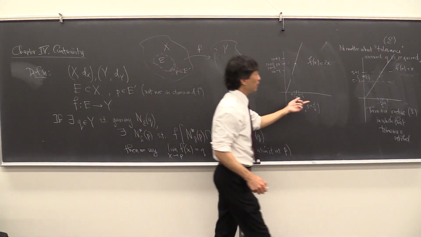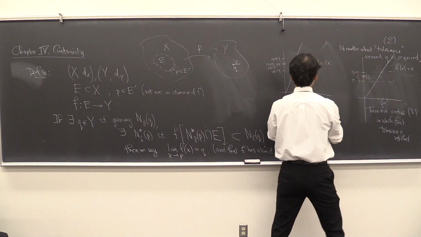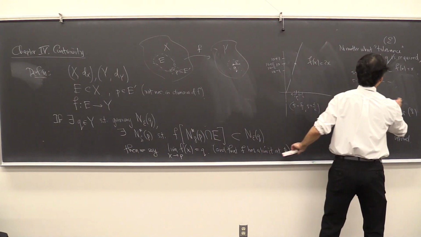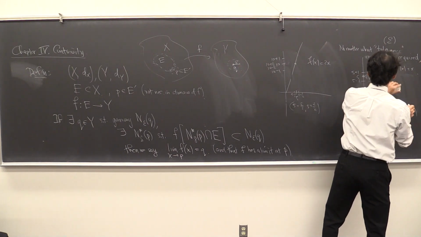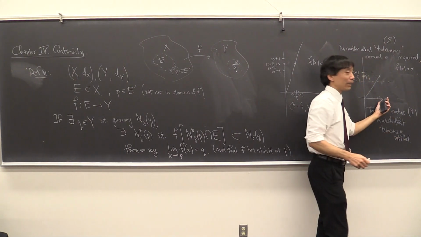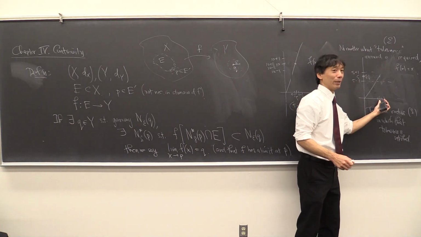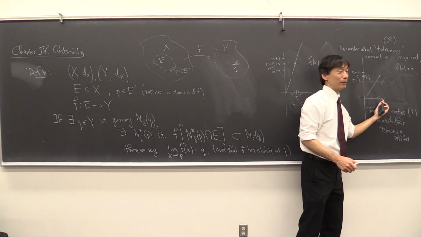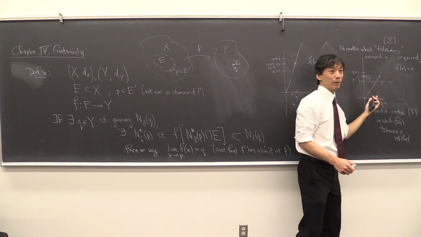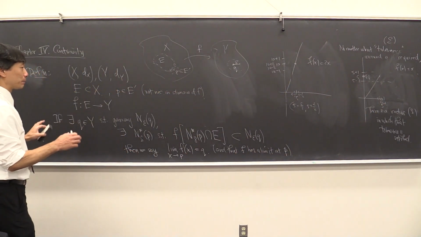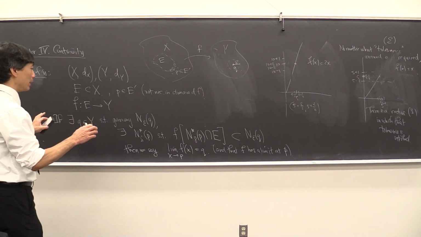Like if I was talking about a half neighborhood, and my function is only defined up to here, I can't talk about the full interval. I just talk about the half interval, the intersection with the domain. Okay, so this is what we mean by limit.